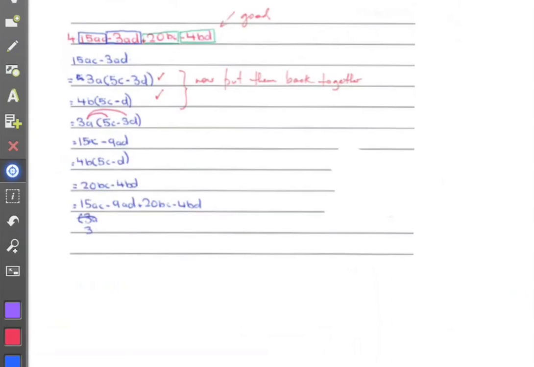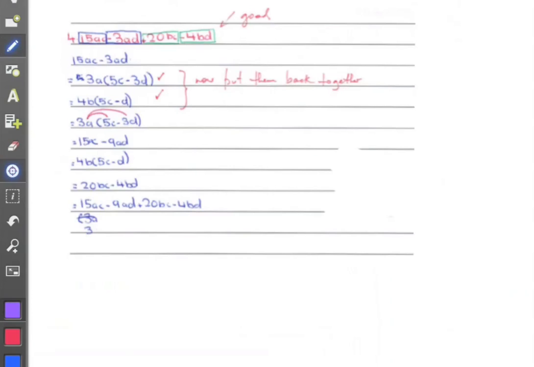Okay, it's a little bit fuzzy, but this person here, this is question 4, did this really nicely. They've said, okay, here's a pair and here's a pair. So 15AC, they got this bit right, and they factorized it right, and they factorized that right. Now, from there, put it back together. What do I mean?